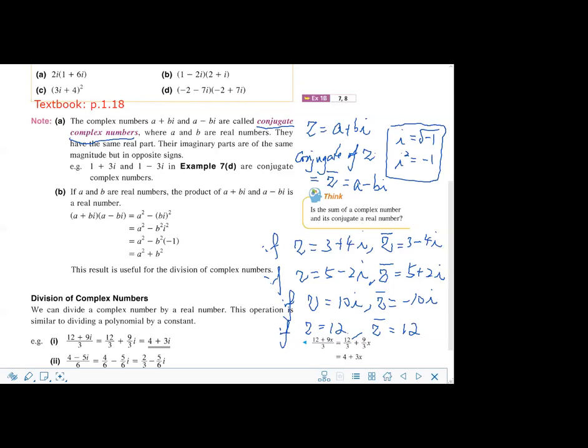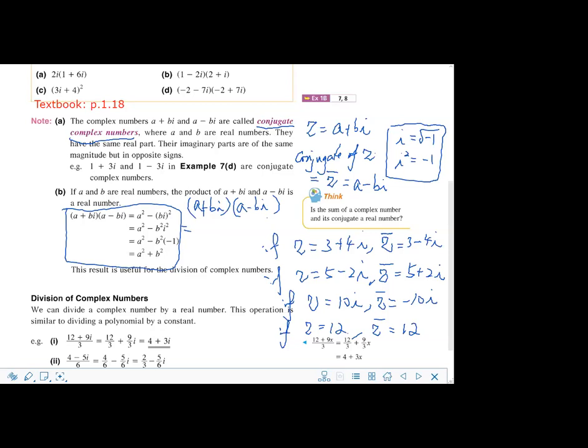This is when a complex number is multiplied by its conjugate. Then it will be like this. So I'm going to talk about this part now. When a complex number a plus bi is multiplied by its conjugate, a minus bi, then we are going to use the identity x plus y times x minus y.